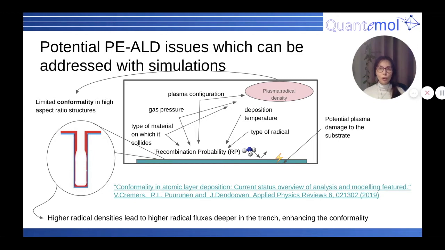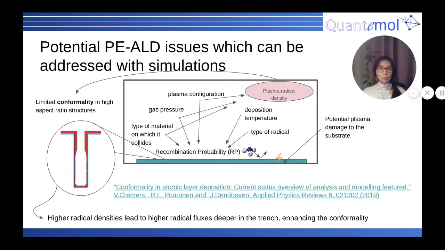The reason is that the radicals which plasmas create, when they go down a deep trench, are likely to recombine with the sidewalls, and the deeper the trench is, the less likely the radicals will reach the bottom of the trench.